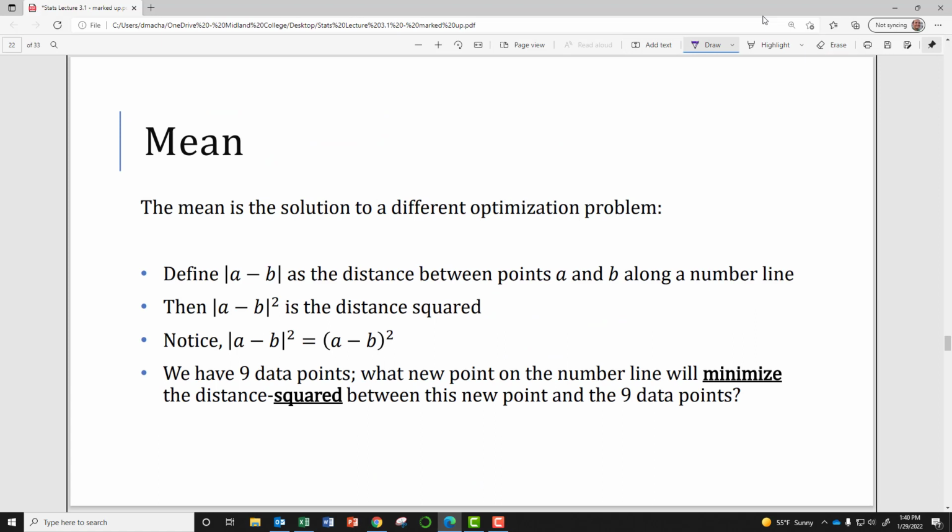Okay, so a little bit of trivia that, again, I found really fascinating when I was learning about the mean. And I want you to remember this, what we're talking about here with this optimization problem and how the mean is the solution to this particular optimization problem. Because we're in chapter 3 right now in your textbook, talking about descriptive statistics.